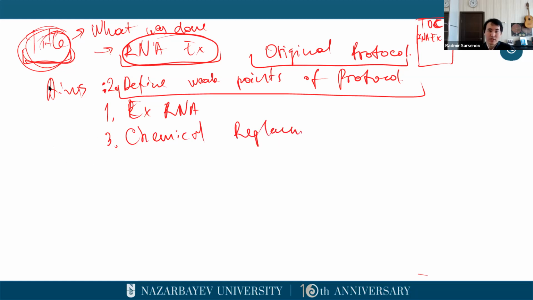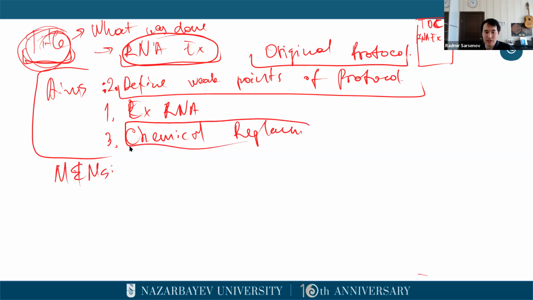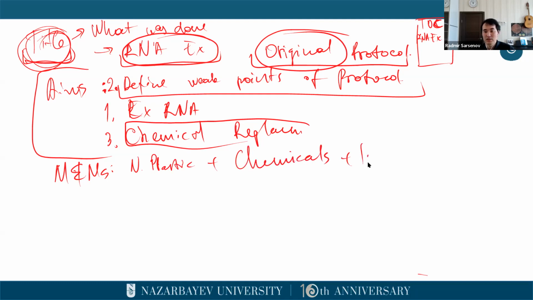Okay, so what you do next after the aim, you go into the materials and methods. For materials, you have to show this chemical replacement because this is the modification of your original protocol. So you show the plasticware, then you show the chemicals and instruments.